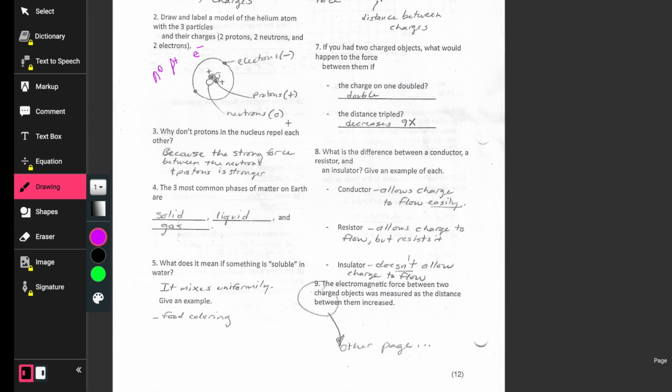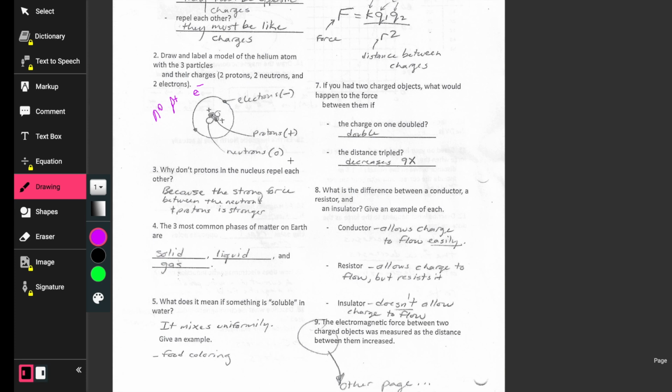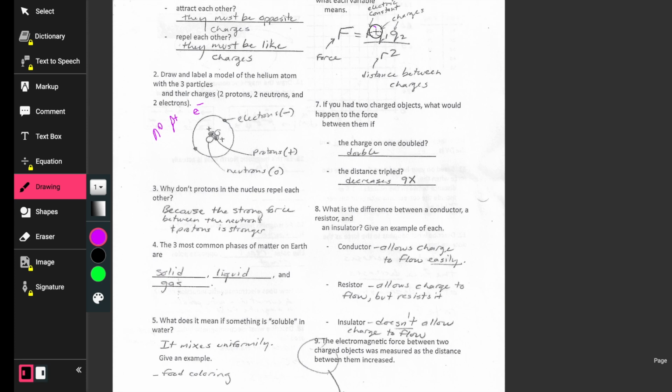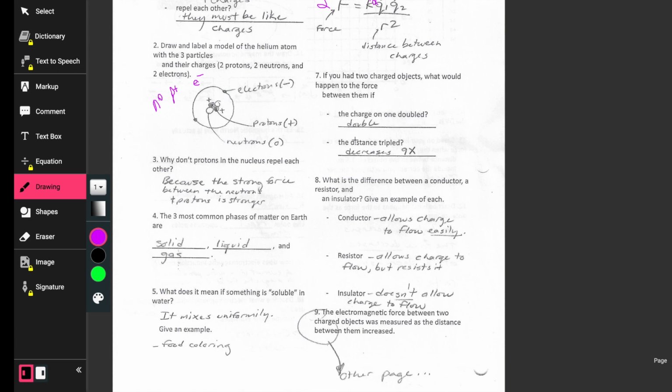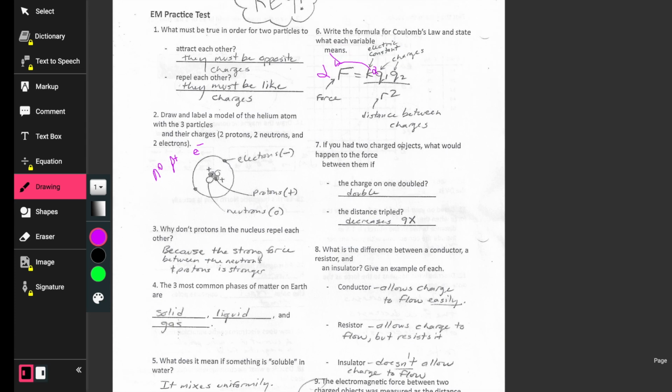Number seven, if you had two charged objects, what would happen to the force between them if the charge on one doubled? If charge doubles, then it's just doubling the entire equation. So if I double the charge, I multiplied this whole thing times 2, right? So the force is going to double. If the distance tripled, we're tripling this, but this is squared.